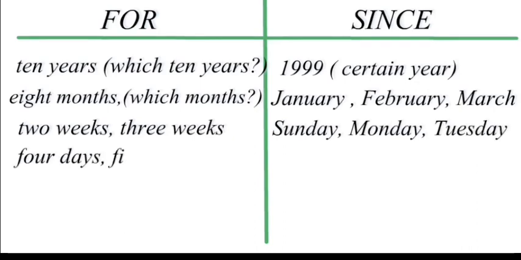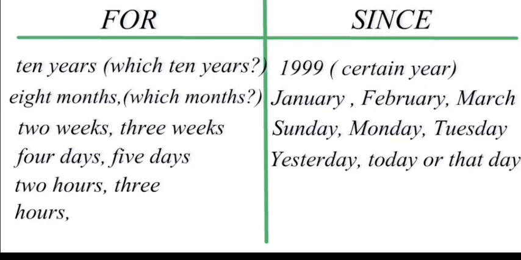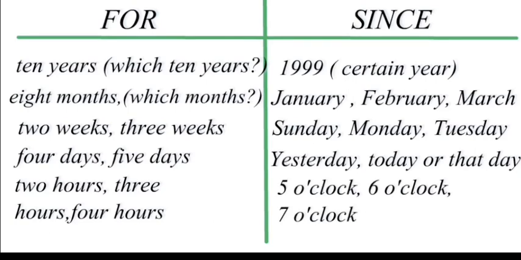If I say 4 days, 5 days, it's an uncertain time, and if I say yesterday, today, or that day, that would be a certain time. The same way we talk about a day, like 2 hours, 3 hours, 4 hours, that would be uncertain time. And if I say 5 o'clock, 6 o'clock, 7 o'clock, that would be a certain and exact time.